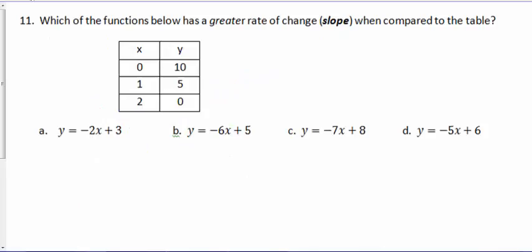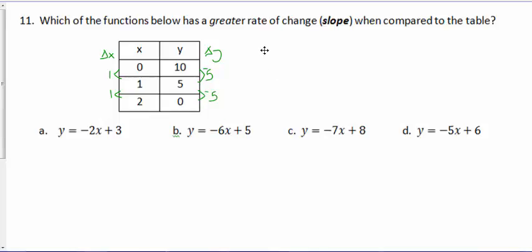Now, which of the functions below has a greater rate of change, slope, when compared to the table? Well, first off, let's do the table. So those are all 1. And these are -5.